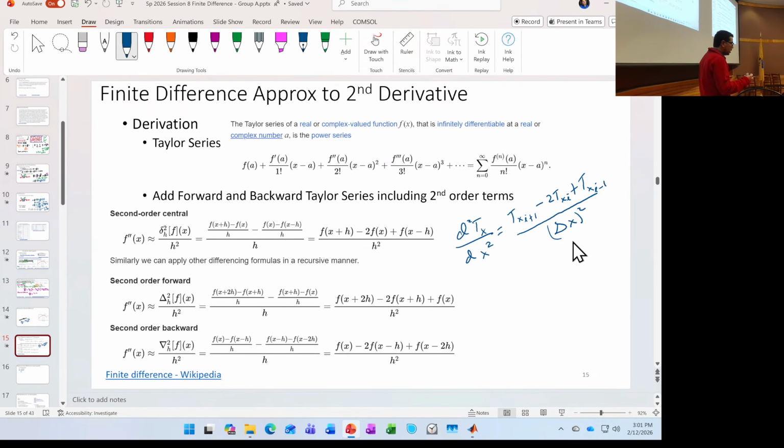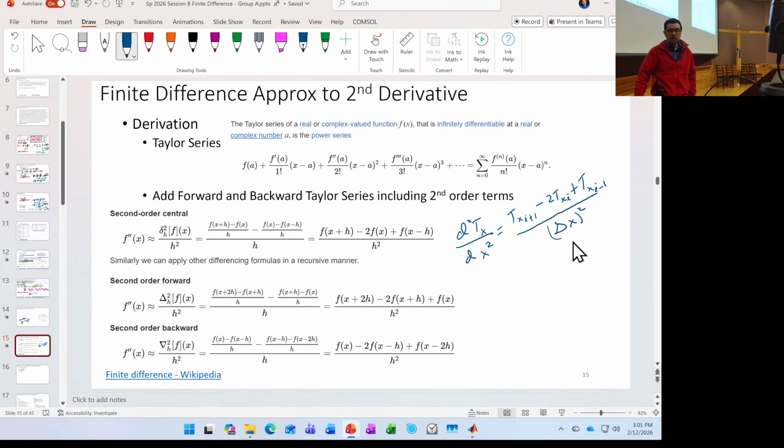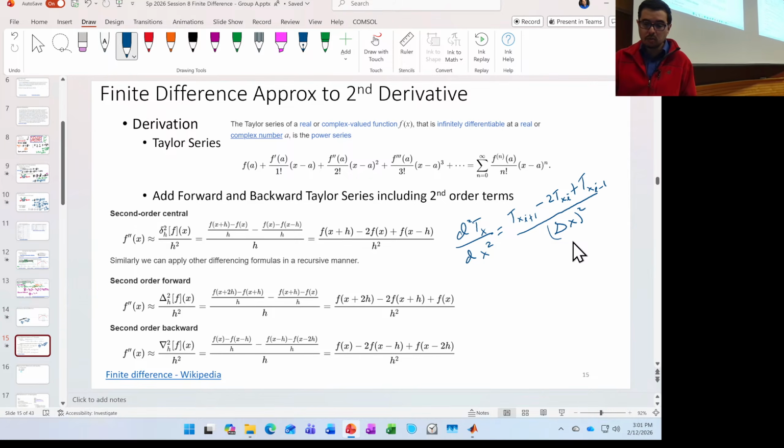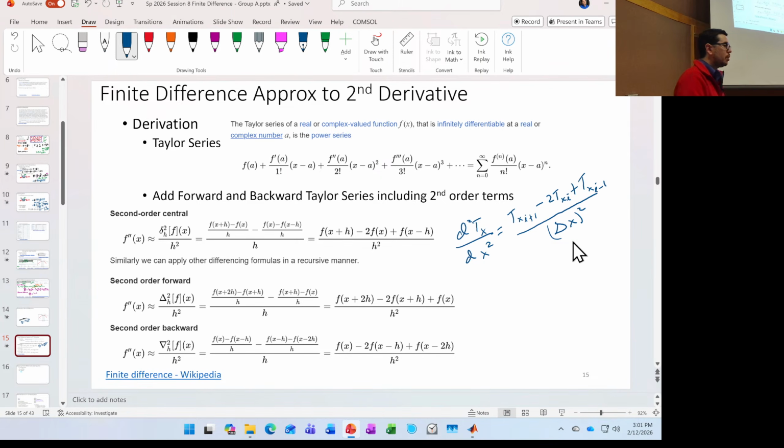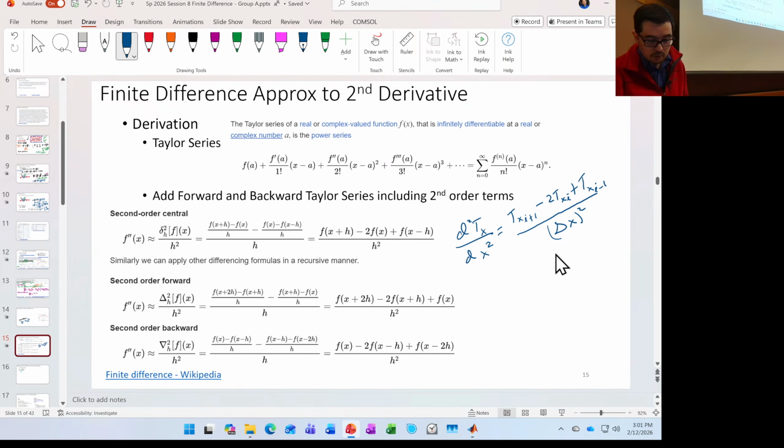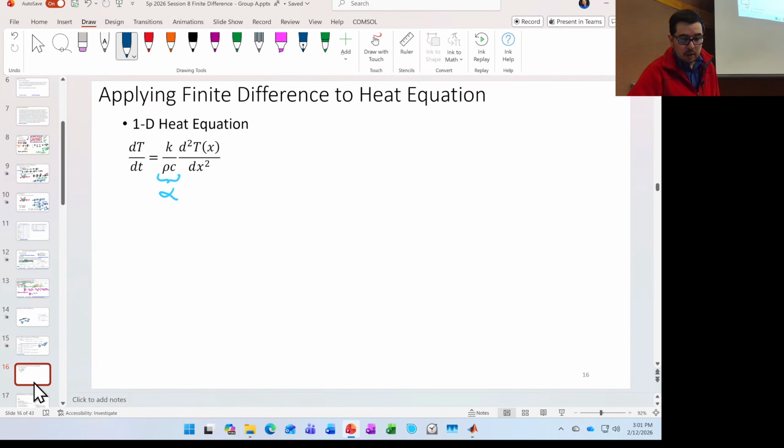This approximation allows us to calculate these derivatives, first and second derivatives, with a mesh, with a discrete number of elements. And we're doing finite differences. We're actually calculating these differences and accounting for them. Okay.